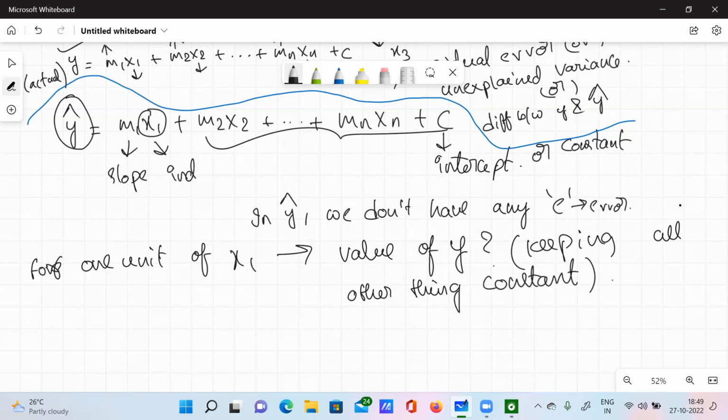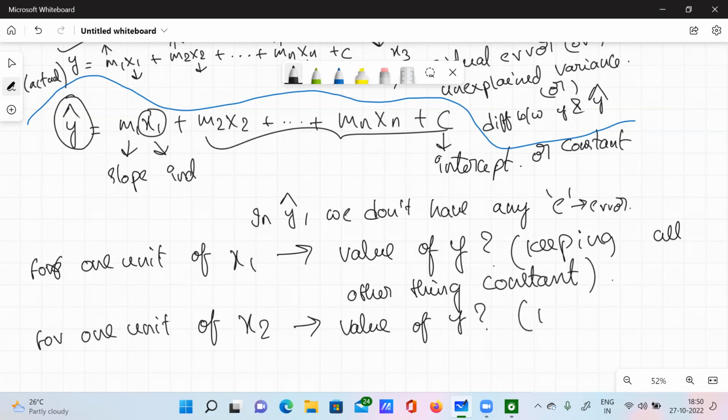For example, I want to know for another variable, that is x2. For one unit of change in x2, what would be the value of y, keeping all other things constant?